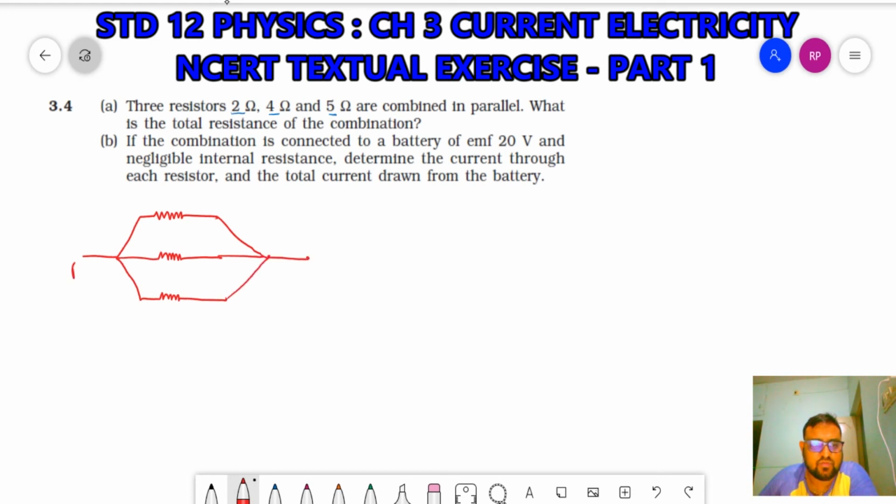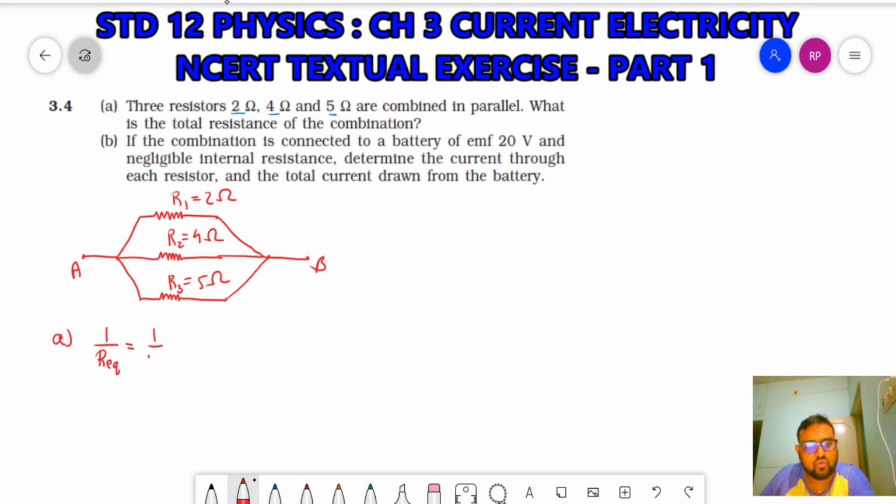Let this point be A, this be B. R1 equal to 2, R2 equal to 4, R3 equal to 5.